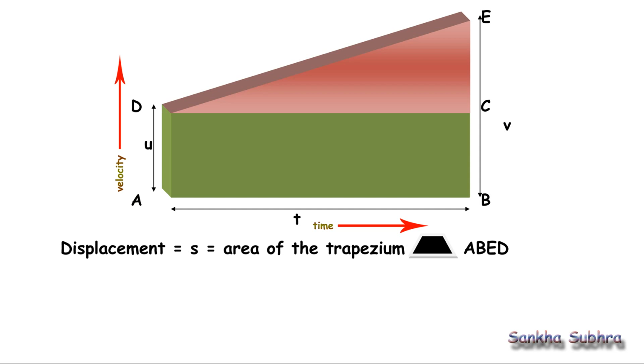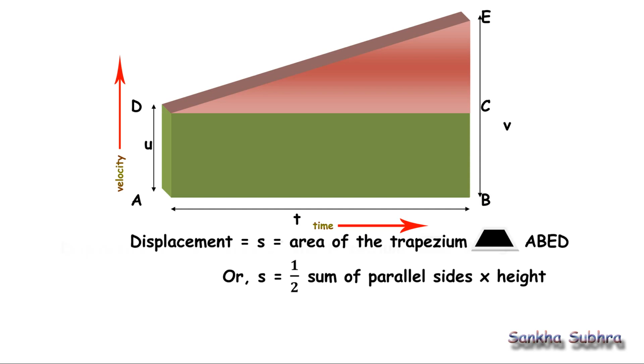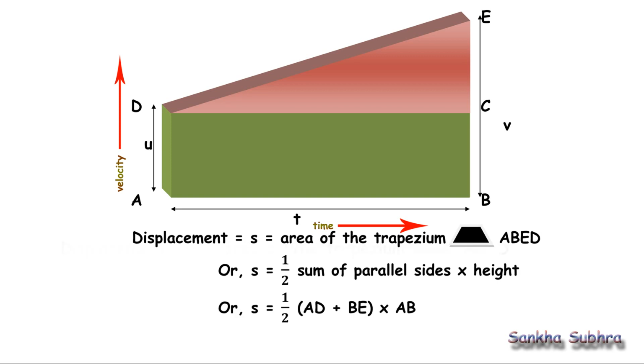We know the area of a trapezium is half into the sum of parallel sides into height. In the trapezium ABED, the parallel sides are AD parallel to BE. We can write S equals half into AD plus BE into AB. Now AD equals U, BE equals V and AB equals T.